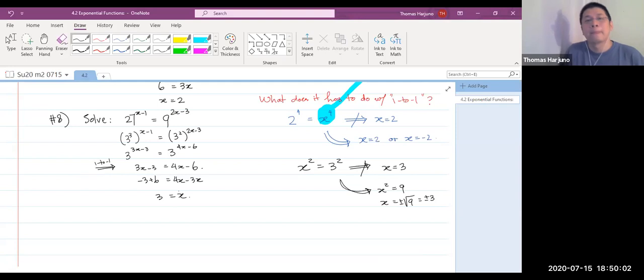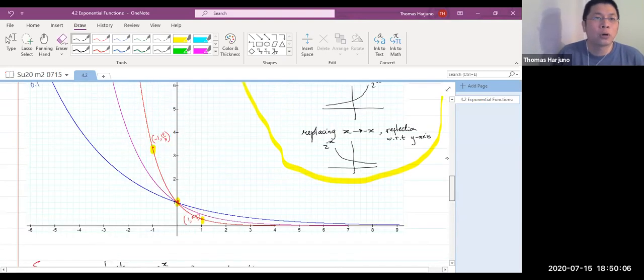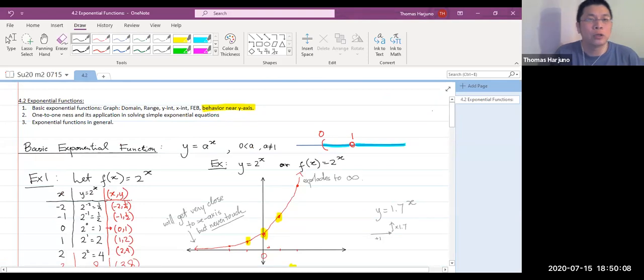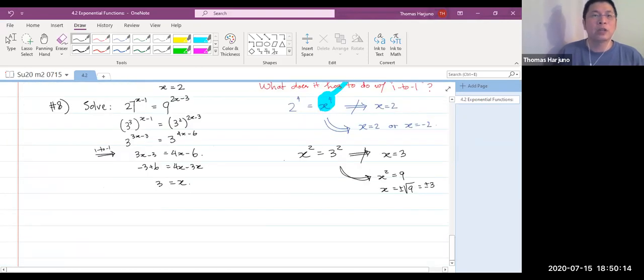Okay. Now that's for the one-to-oneness and how to solve simple exponential equations. Now, how about exponential function in general?